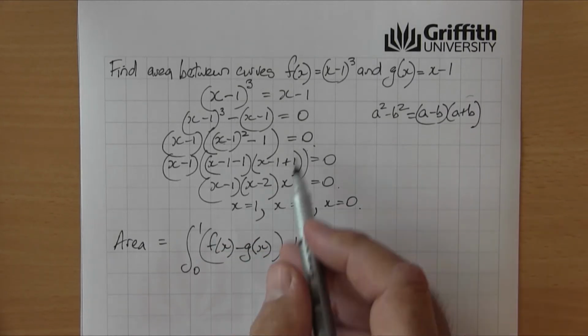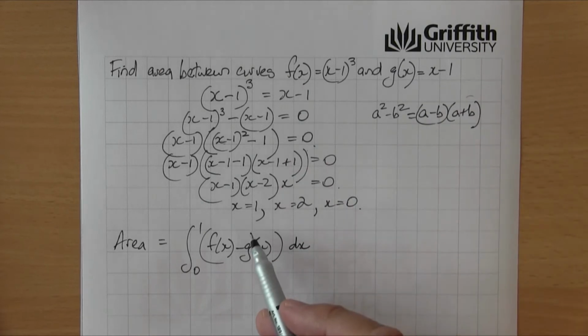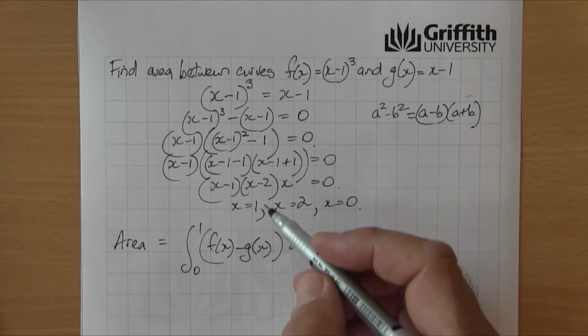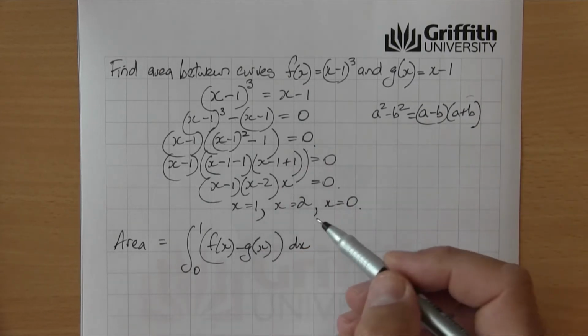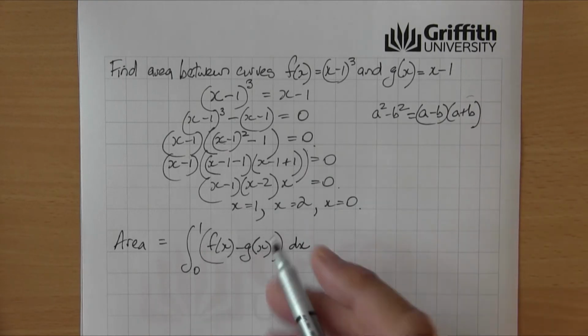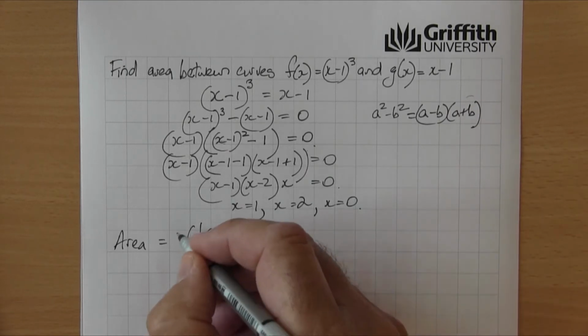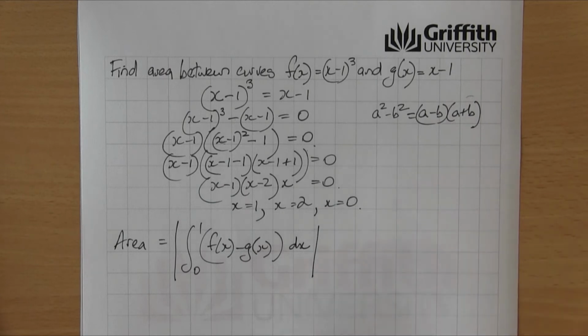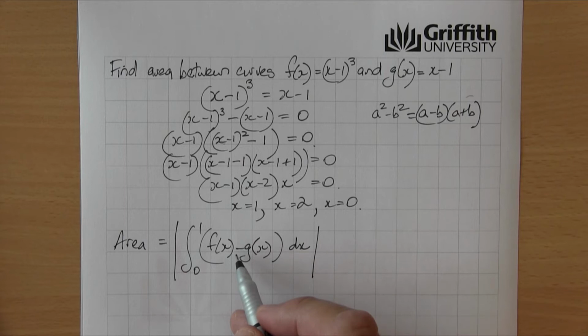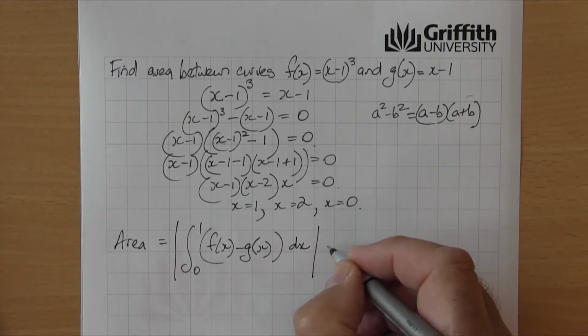Now, by just looking at those we don't know which curve is going to be greater than the other in this region between 0 and 1. To overcome that, we just take the absolute value, because the area always has to be positive. If this actually happened to be negative, the absolute value will make it a positive area.